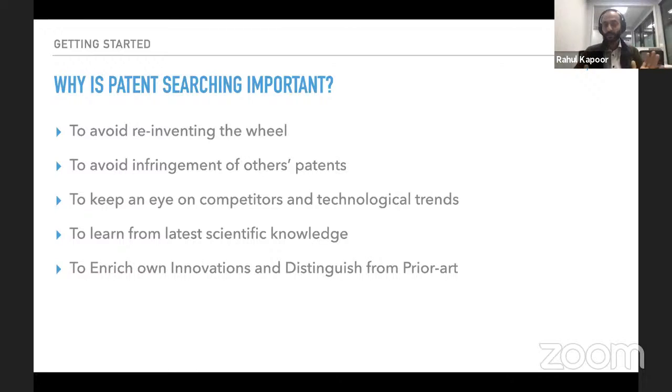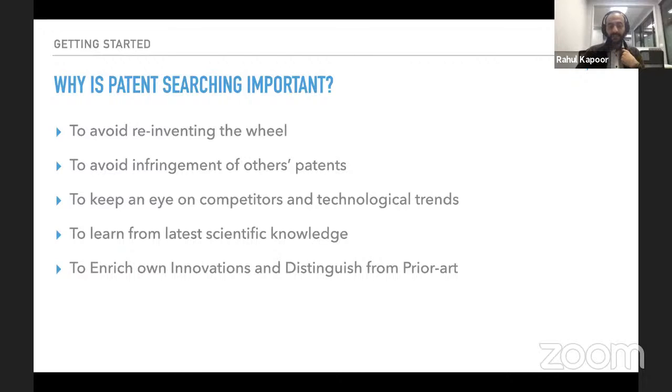There are many issues if there is no prior art at all, because prior art is needed so that you can distinguish your innovation. You can say that, okay, this is the prior art, this is how the world looks right now, we have added certain things, and that makes the invention a much more important thing.